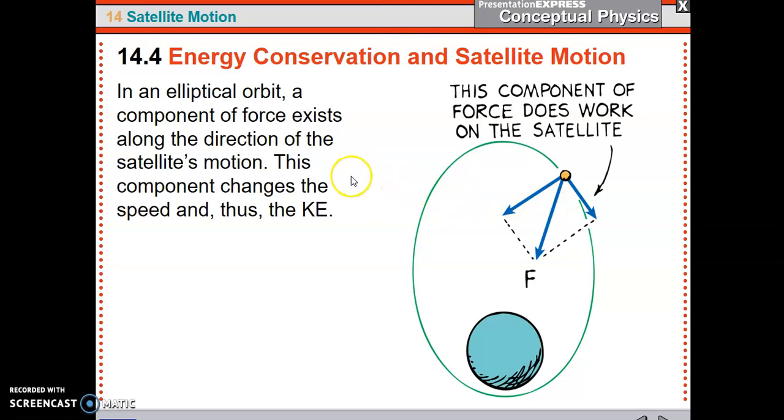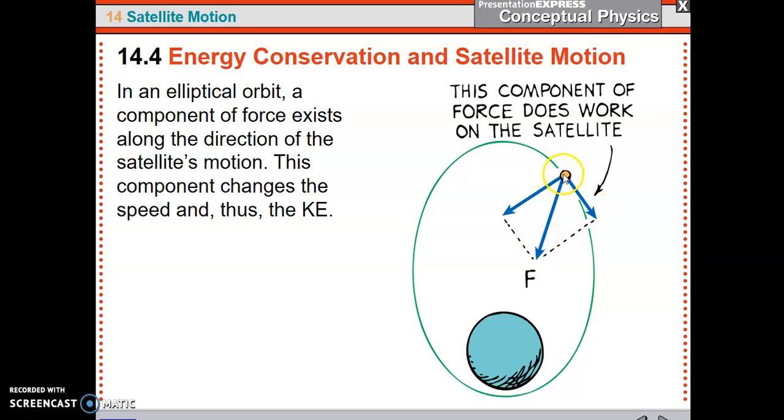So here's what we're talking about. There's the force of gravity pulling it in this direction. If you break that up into the component that is tangent to the circle and perpendicular to the circle, you can see there's some force going along where the motion of the satellite is. It's moving in that direction.